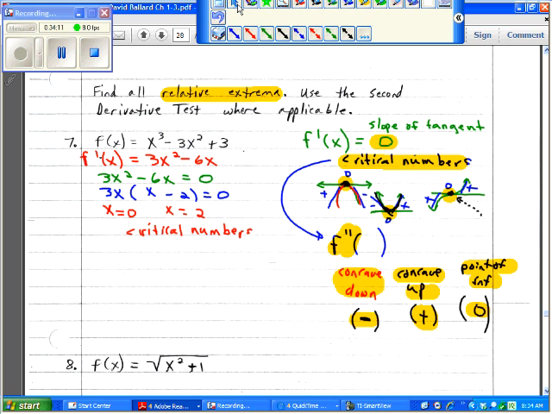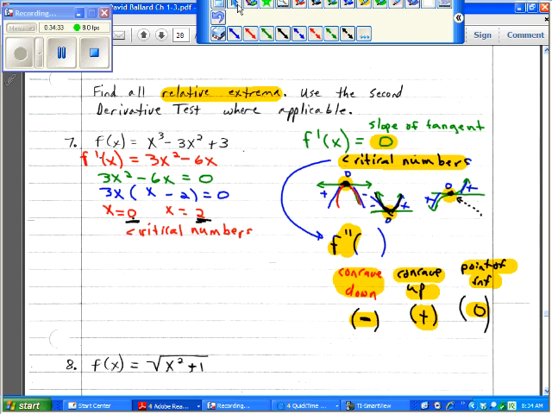At 0, there's either a relative max, relative min, or point of inflection. At 2, there's either a relative max, relative min, or point of inflection. And we're going to find that out by plugging those critical numbers into the second derivative.